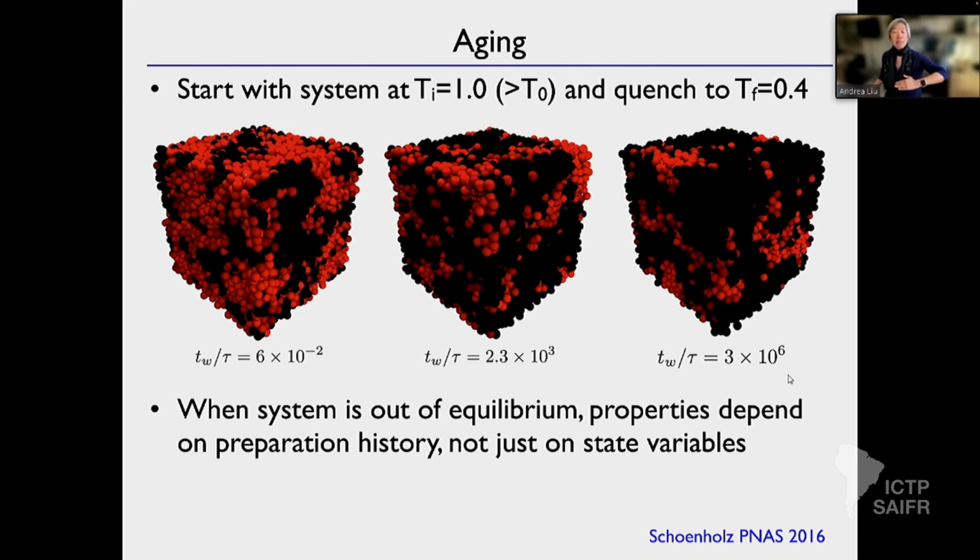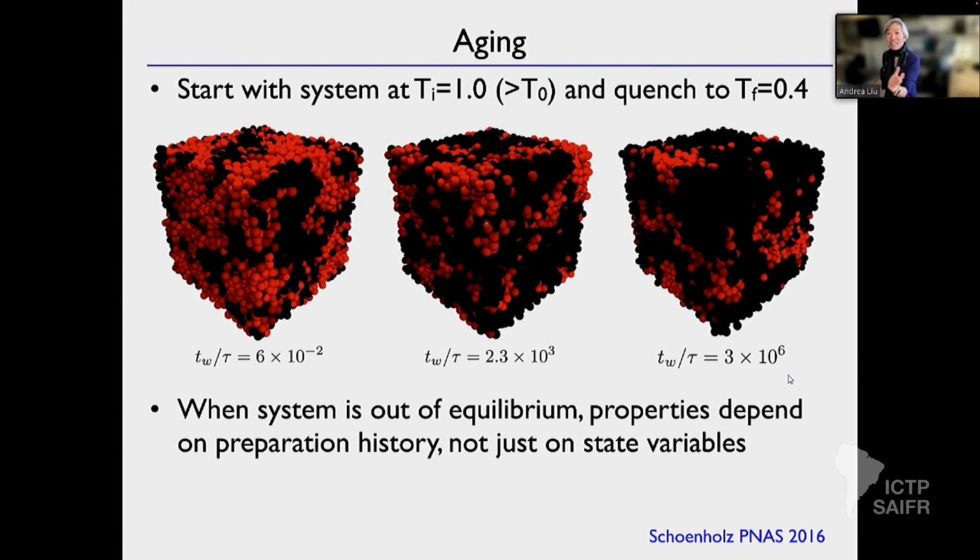Here the particles are more red and more opaque as they get higher in softness, and black, less opaque, more transparent, if they're on the negative side of the hyperplane. And what you see is that as you age the system, the softness goes down.